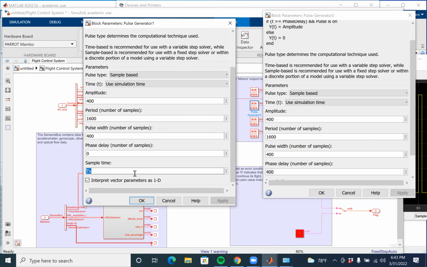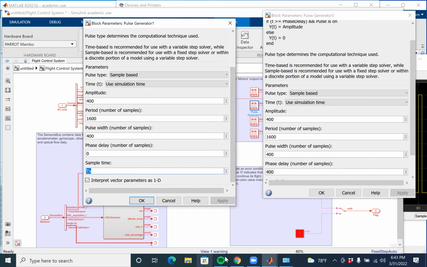The last part is the sample time. Sample time TS, in this particular case, is 0.005. And where do you get this?